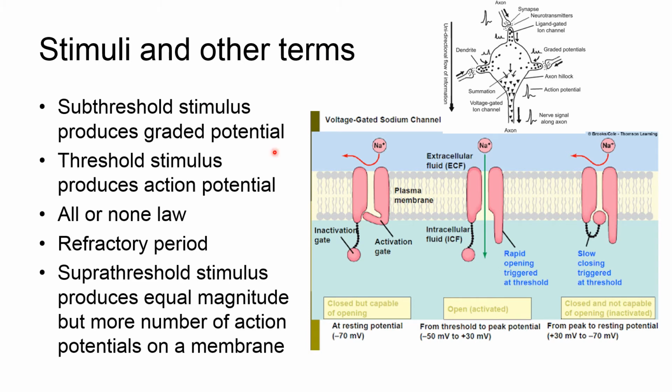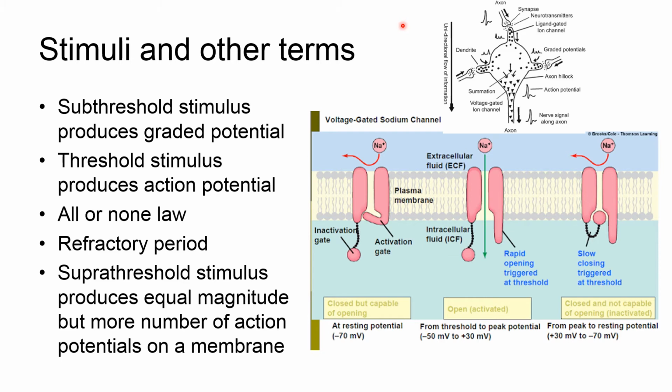So again we have to define a few terms that are related to stimuli, and there are a few other terms. The stimulus, we know, is a triggering event. It is the change that can alter the resting membrane potential to produce an electrical signal.